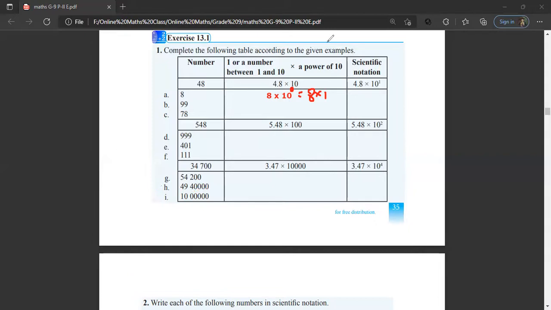If you are putting here 4.94, then you can write down 4.94 into 10 to the power 6. Very good. Part I. 1 into 10 to the power 6.